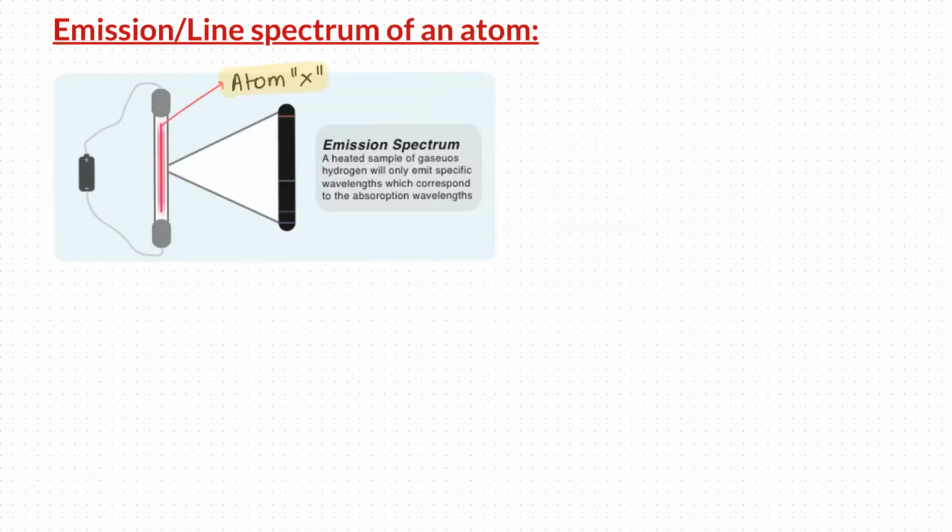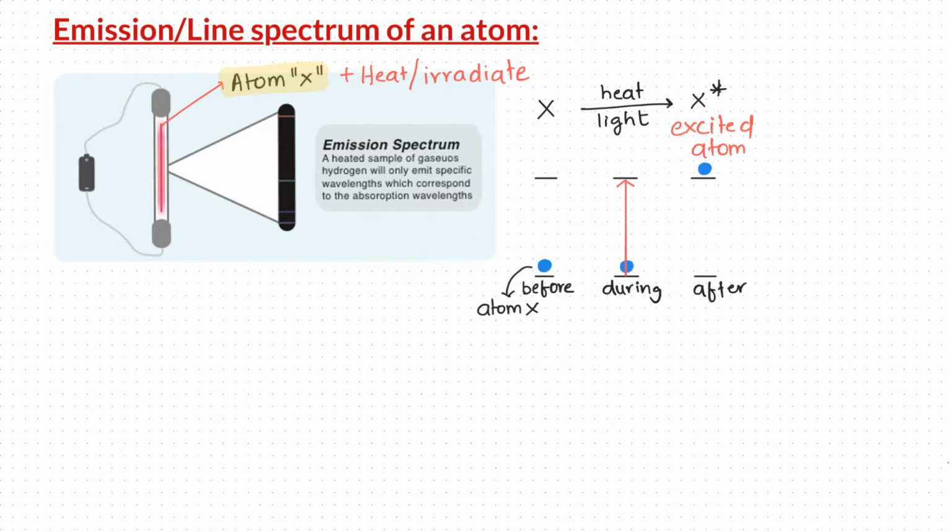If we take a sample of atoms of type X and either heat them or irradiate them, the atoms inside the sample absorb energy. The atoms that absorb energy are referred to as excited. These atoms have higher energy compared to the atoms that did not absorb energy.